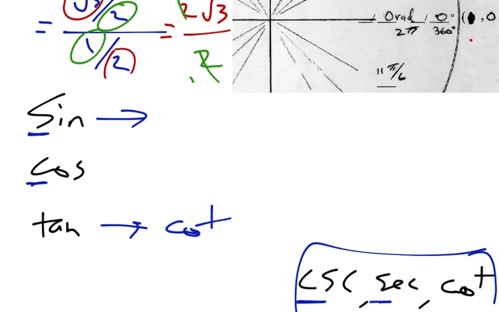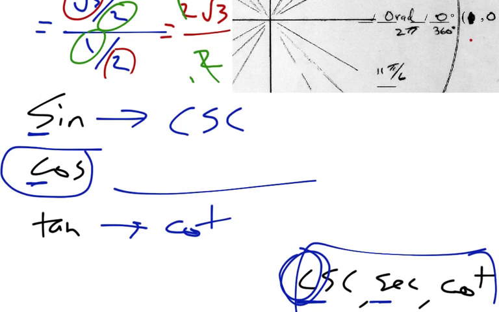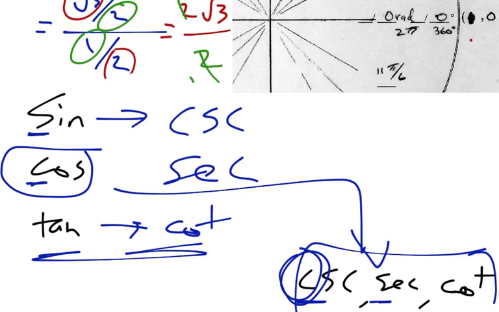In sine, the reciprocal will be the opposite letter, cosecant. If you do cosine, then I do the opposite letter, which starts with an S, and I do secant. That's how I think. I don't know if this works for you. So tangent and cotangent are straightforward.